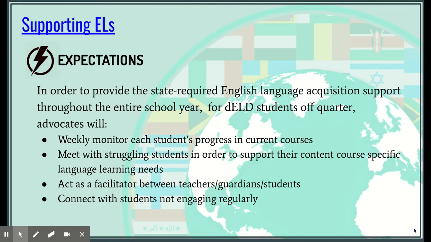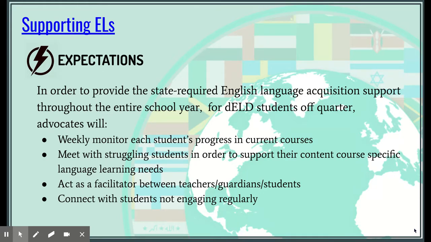I'd like to make a side note here. I am not expecting the designated ELD teacher to become the personal tutor of 25 kids of their designated ELD course. The designated ELD teacher may or may not be an expert in the content that the student may be struggling in. However, the designated ELD teacher does have learning and does understand what kind of support a student may need around language.